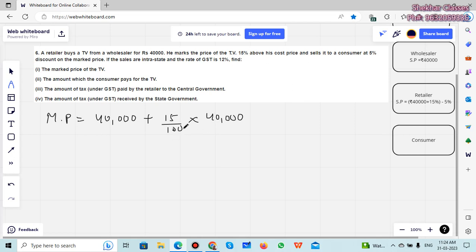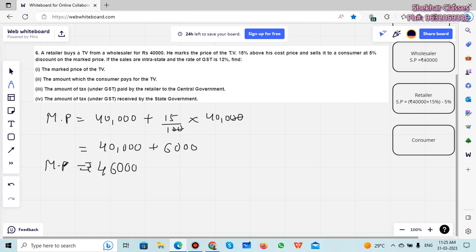So we need to calculate that. 15 into 4 is 60, and 2 zeros over there, so 6,000. So that becomes 40,000 plus 6,000, which is 46,000. This is the price which he has marked.